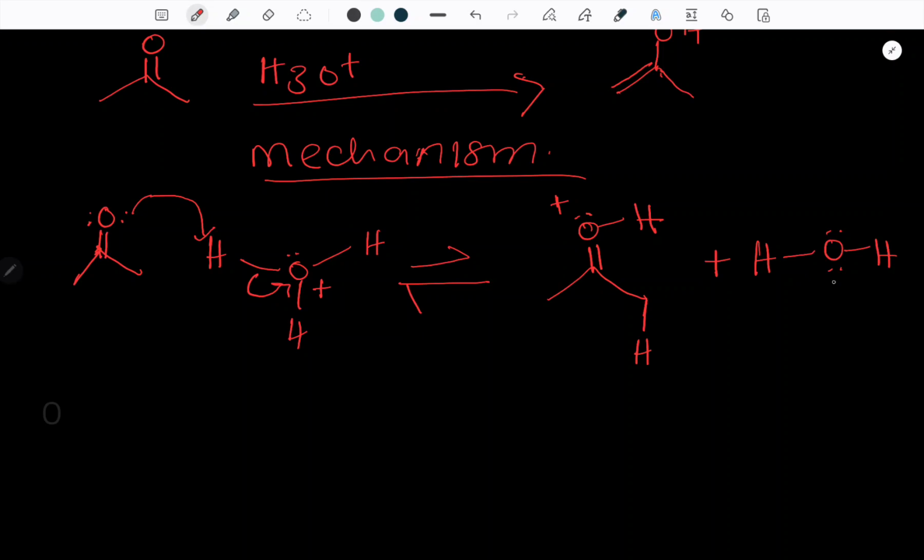So now, one of the lone pairs of water is going to come and attack the hydrogen, forming a double bond here. After a double bond has been formed here, this carbon cannot support 5 bonds, so this will make the pi bond break.